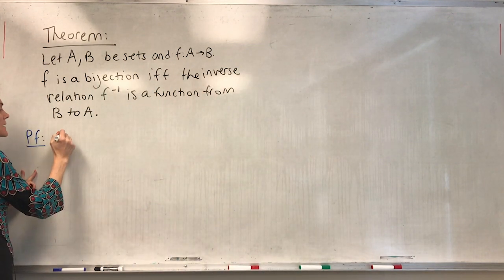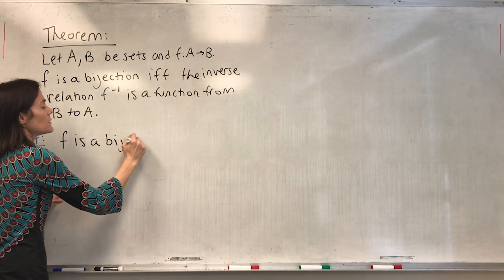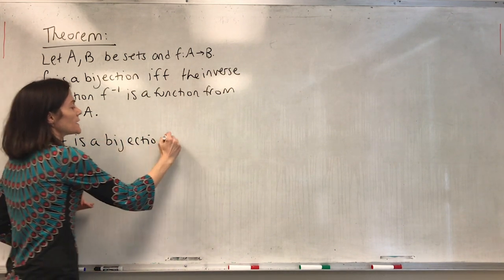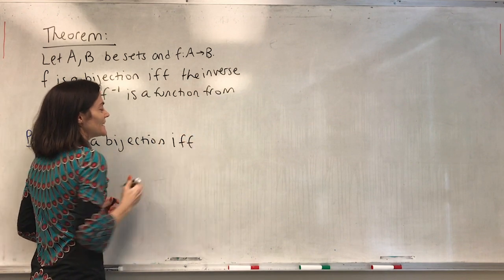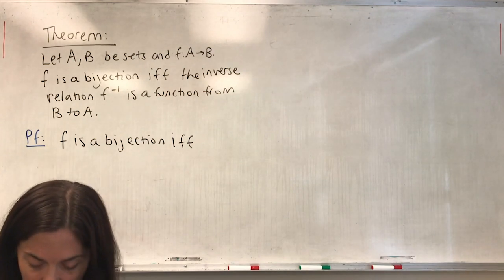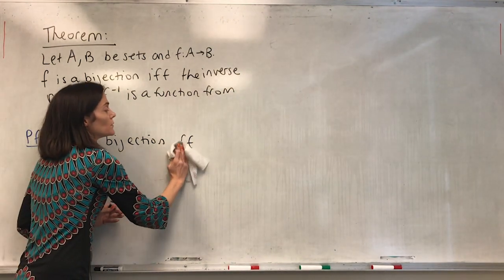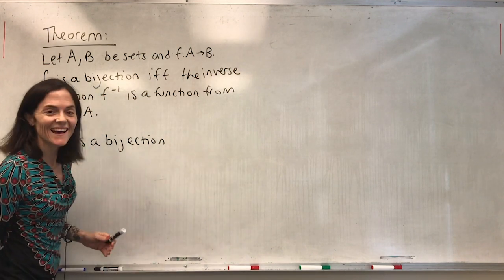So let's begin. F is a bijection if and only if. You know what? Let's have a little more fun with this, and I will make all my if and only ifs blue because I like color.